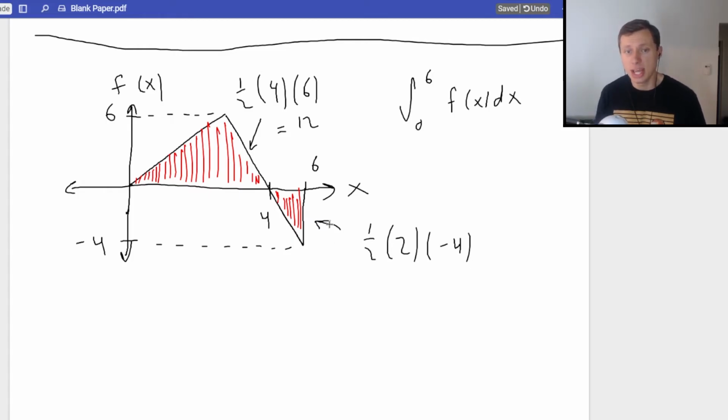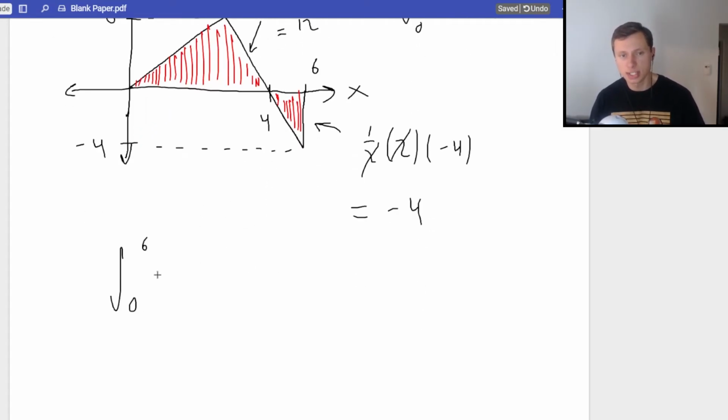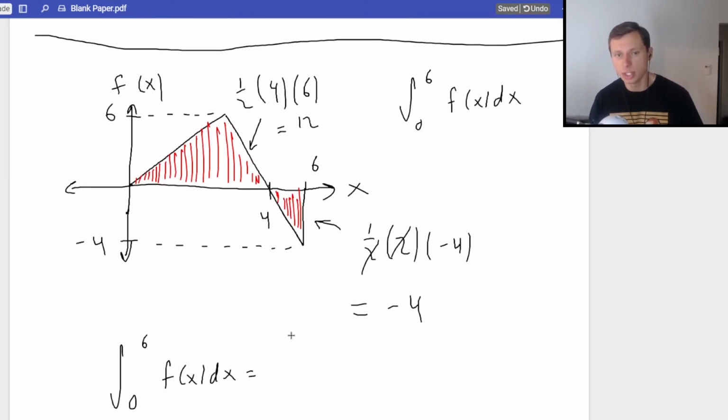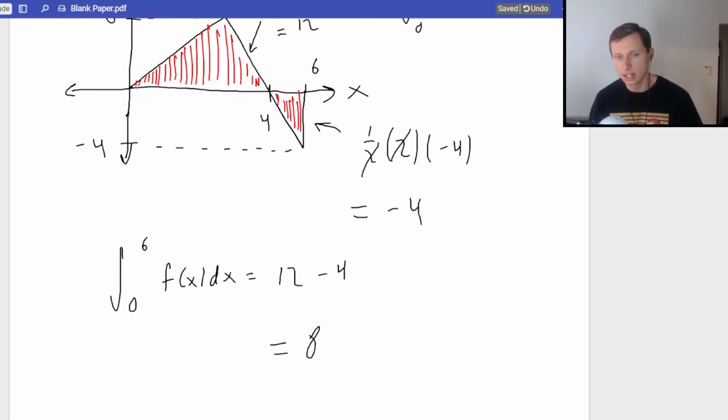Notice here, the area for this triangle will be negative. It will be negative, and that's important. So the 2's cancel. We'll get a final area of negative 4. So in other words, my integral from 0 to 6 of f of x dx is literally just the area between these two triangles. 12 minus 4, final answer 8.